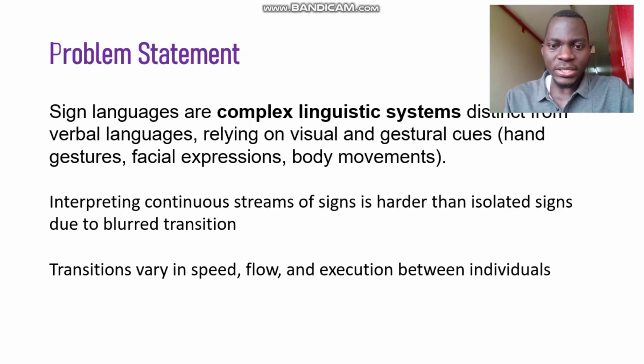While interpreting these signs, it's harder for some signs, for example due to blur. The transitions also vary in speed, flow, and execution between individuals. So they wanted to solve the problem of blurred transitions and the speed and flow while people execute these sign languages.